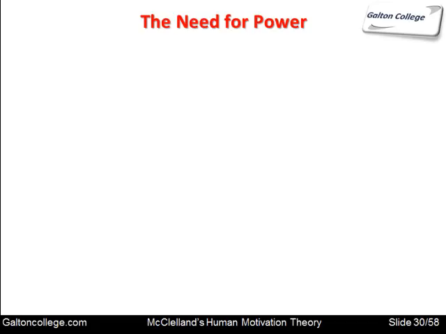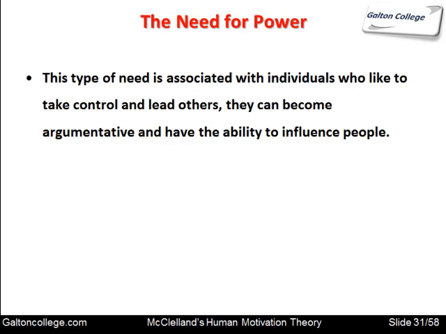The next need is the need for power. This type of need is associated with individuals who like to take control and lead others. They can be very argumentative and have very strong opinions. They're trying to push across their views and get their views accepted.